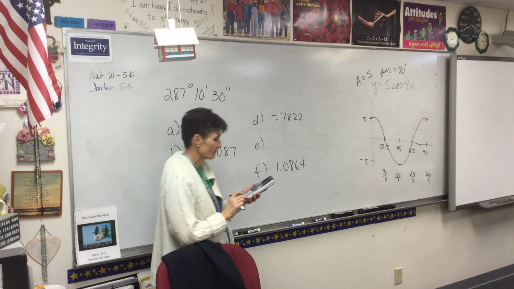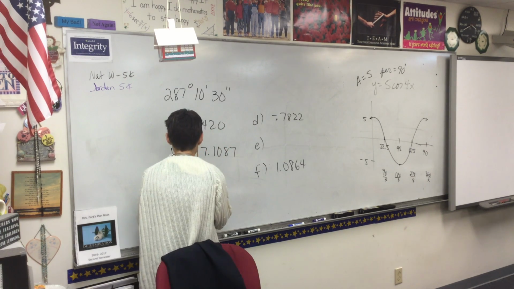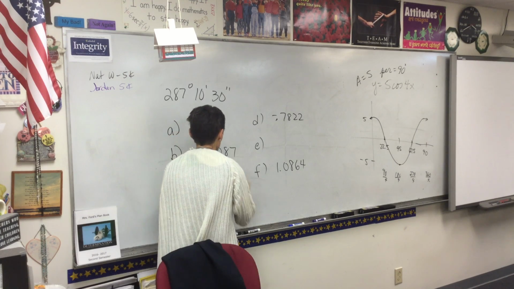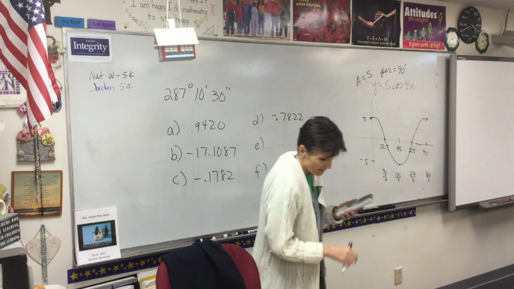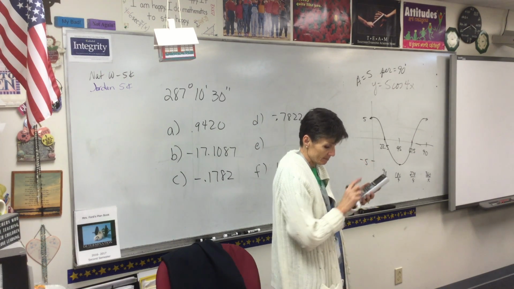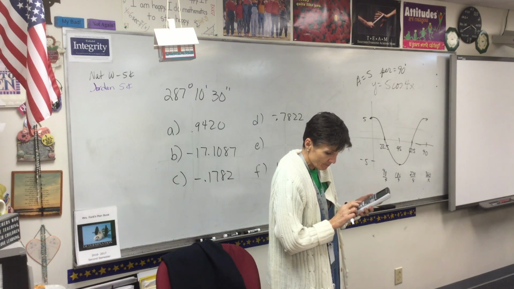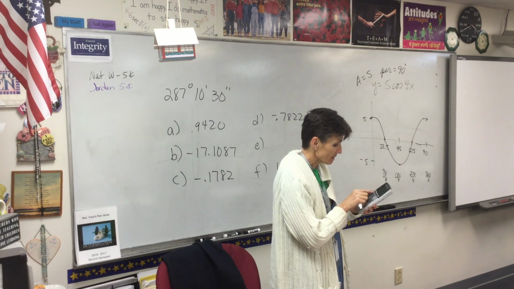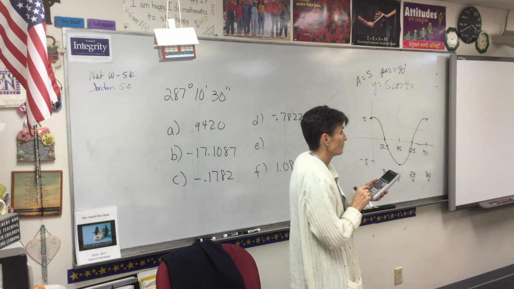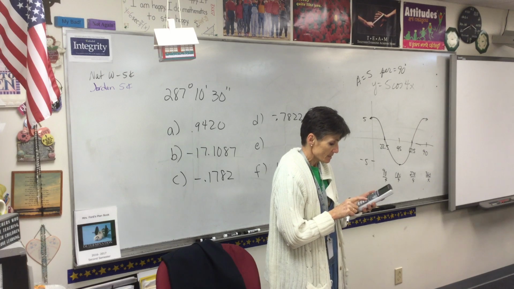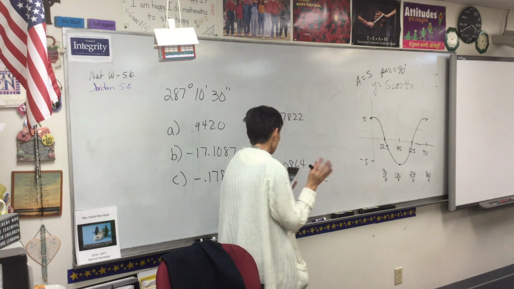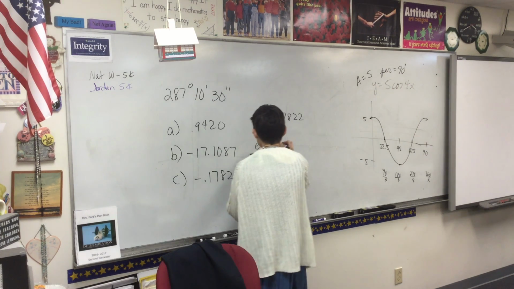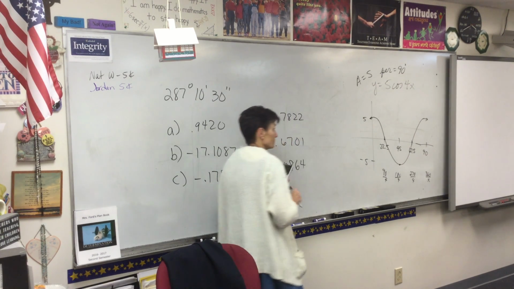Cosine 1.75, negative 0.1782. And E, use your pi button. So sine 18 pi, which is right over under the clear, divided by 77. Don't add any parentheses or anything. 0.6701.